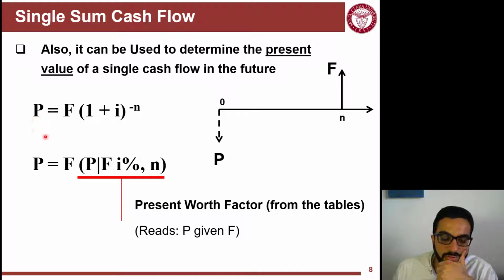Instead of F equals P times (1 plus i) to the power n, now P is equal to F times (1 plus i) to the power negative n. That value would be equal to another factor we'll learn, P given F. I'm given F and I want P. It's called the present worth factor, P given F.